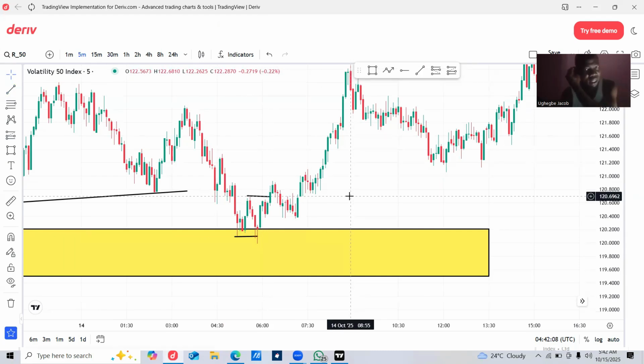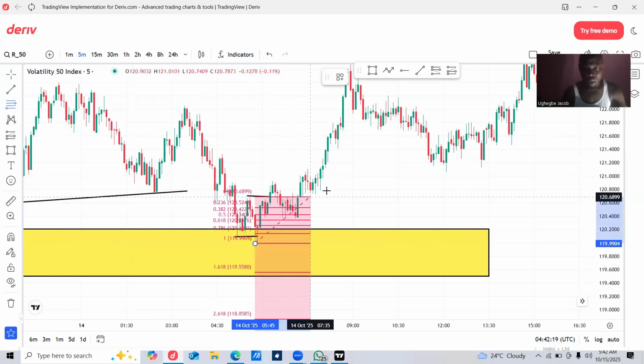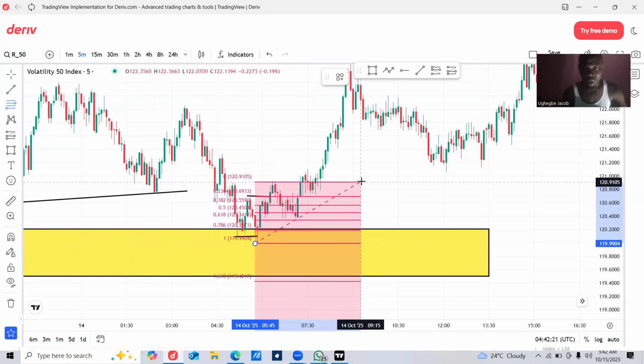Then after the market took the recent high, that's why I said you can even use Fibonacci tools from this area.